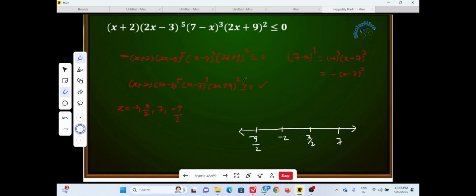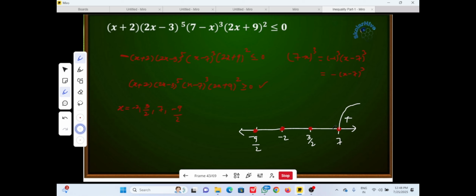So first thing is this is a greater than or equal to symbol, so all the points will be included. So darken all these points so that you do not miss them while writing the interval. Now if you start making a curve from the right, because this expression is not positive, we have to take it from above the line.